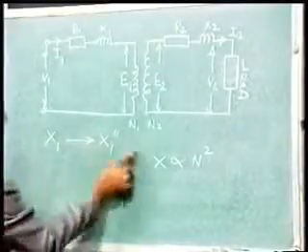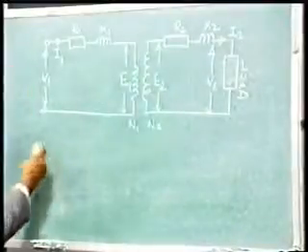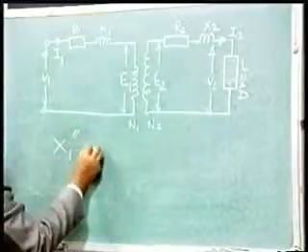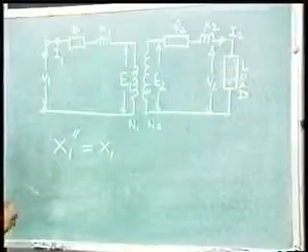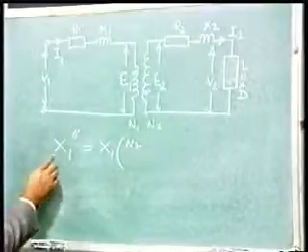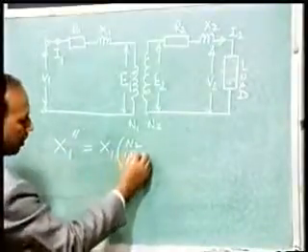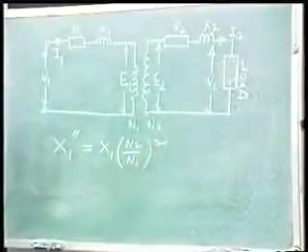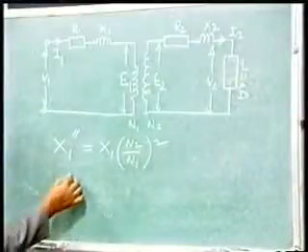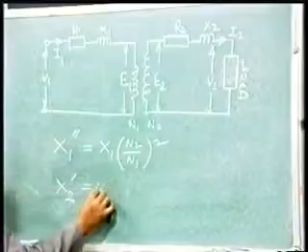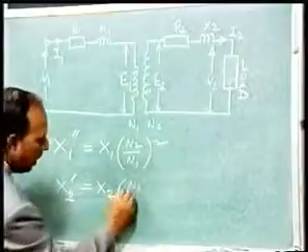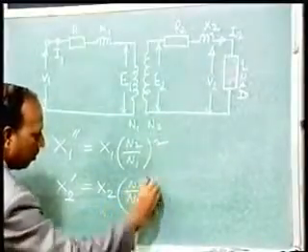So X1 referred to the secondary side is equal to X1, its own value, times N2 by N1 whole square. Similarly, X2 transferred from the secondary side to the primary side is its own value X2 multiplied by N1 by N2 whole square.